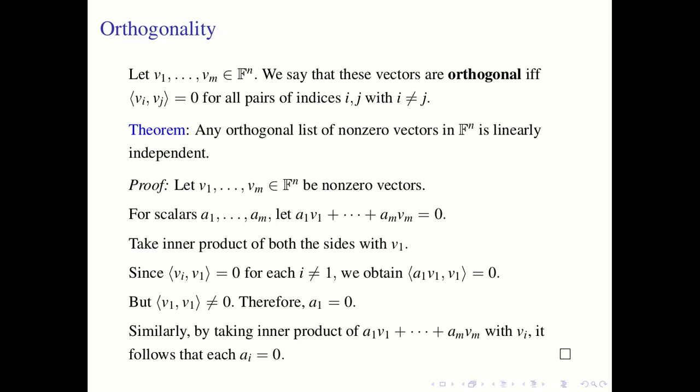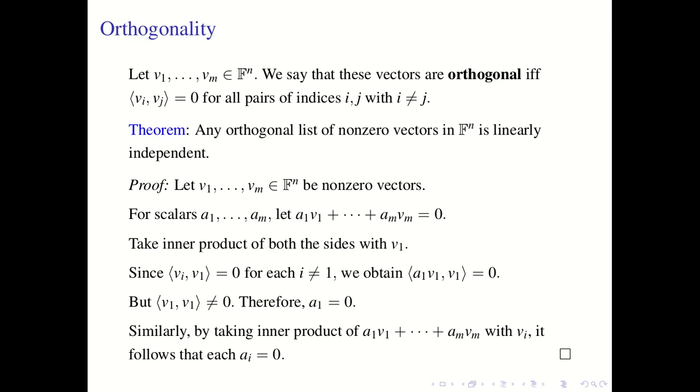what do we get? The inner product of vi and v1 is 0 for every i not equal to 1.